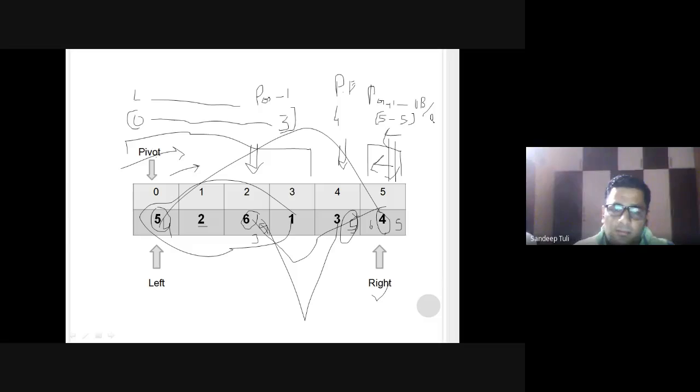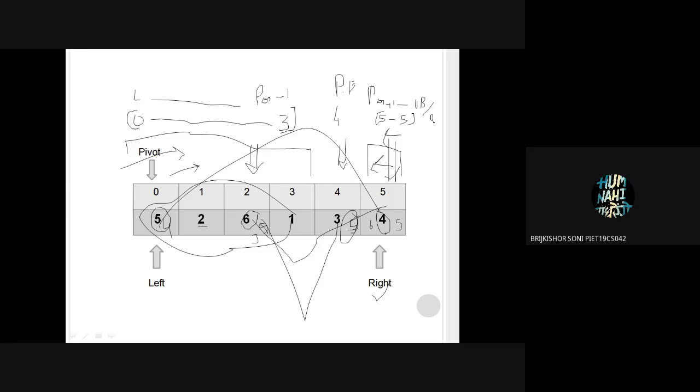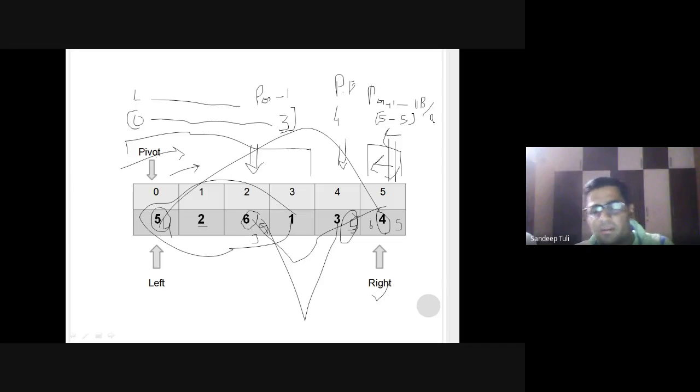Position minus 1 is the lower bound side, that is the left side, and position plus 1 to the upper bound is the right side. Sir, will it be position plus 1 or only position, because we eliminate the position element? Definitely we are eliminating the position element.